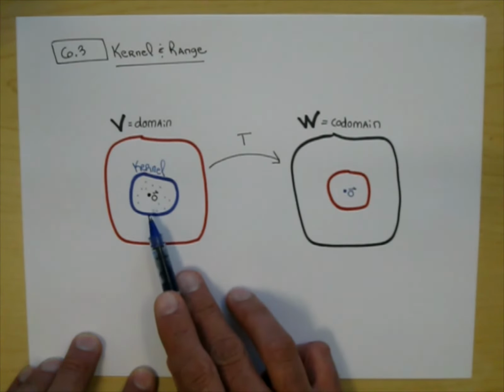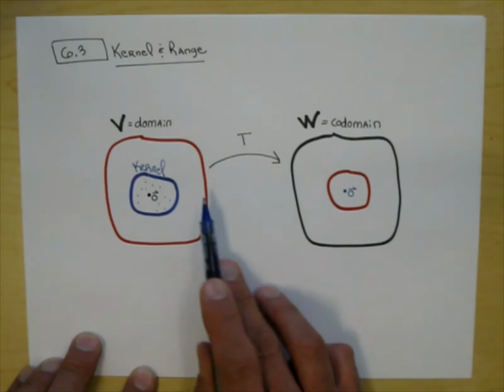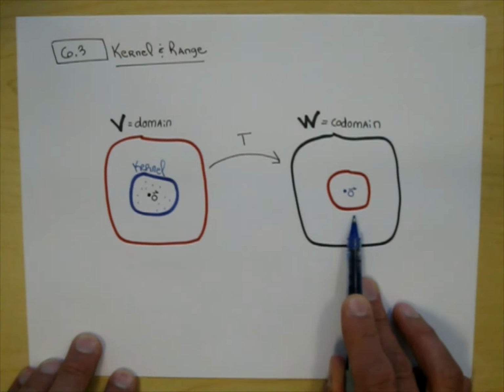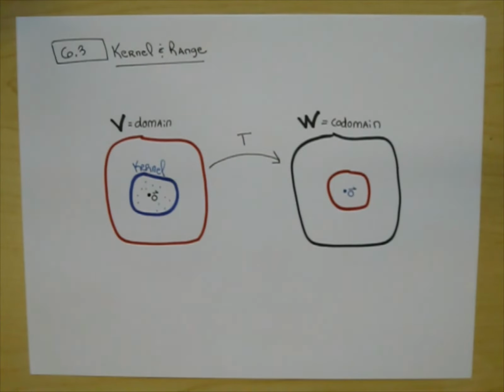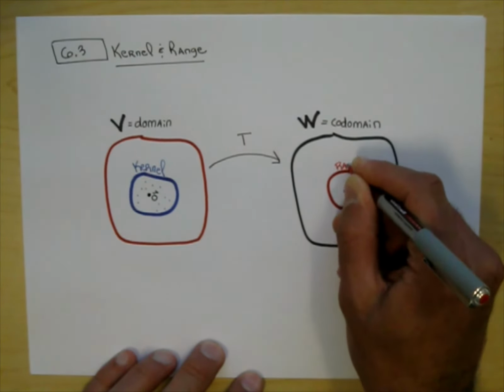If we put all those little red dots together, right here, this is where all of these vectors go. This part that we have in the codomain is called the range.